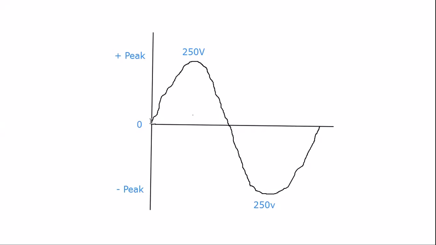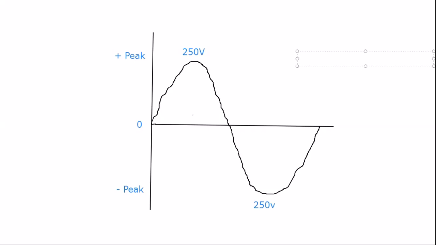Then, as the armature moves again, it's going to go down to 0 and move in another direction, but it will also top off at 250 volts.